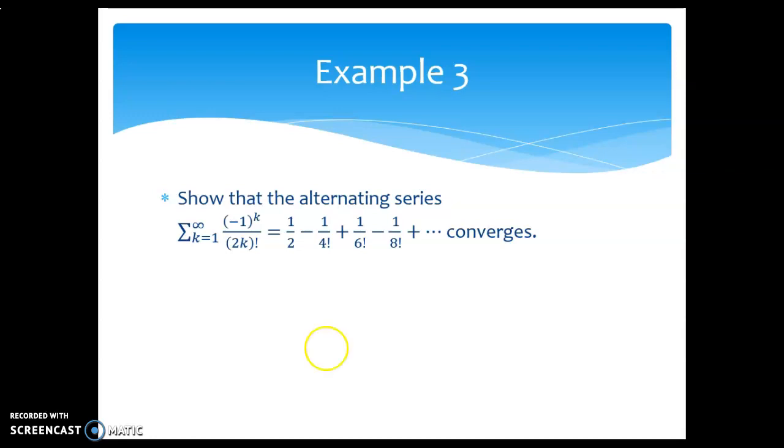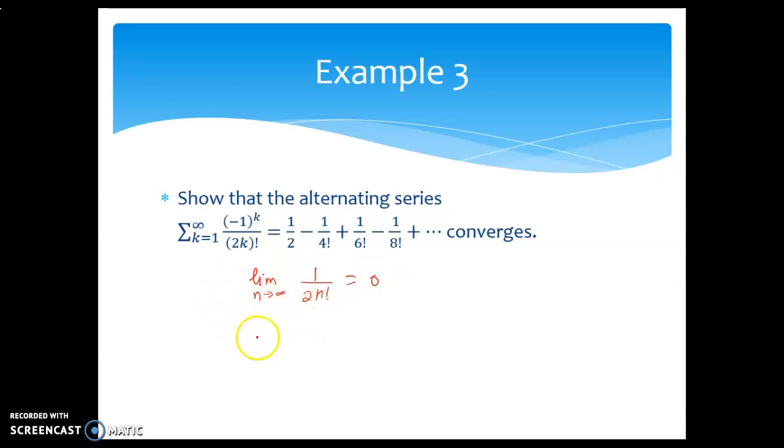In example number 3, this is an alternating series. First, to find whether it converges, we want to find the limit of a_n, which at this point is going to be 1 over 2n factorial. This is equal to 0. So the first condition is satisfied.